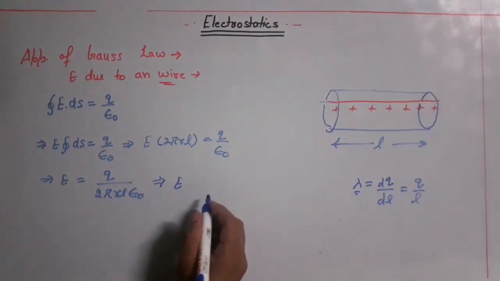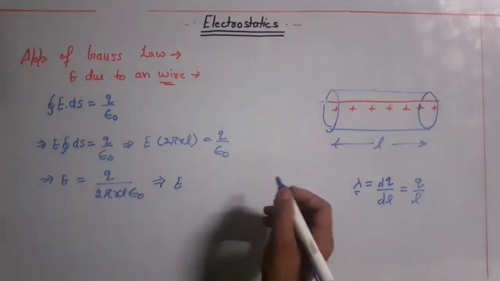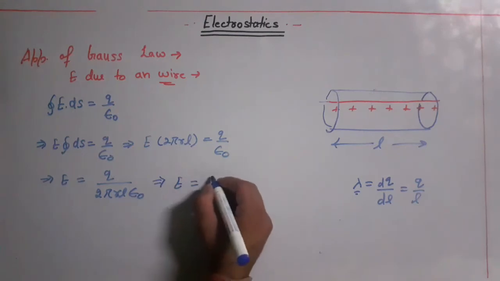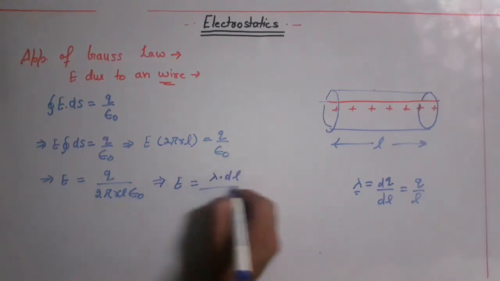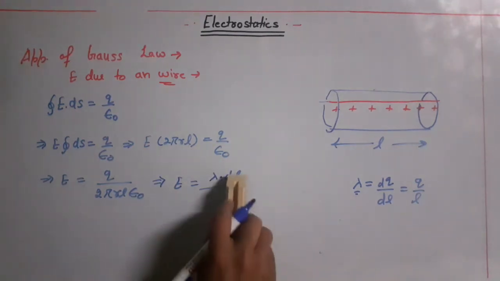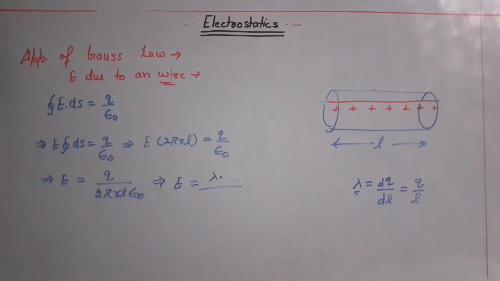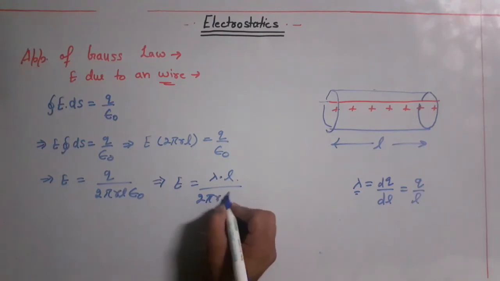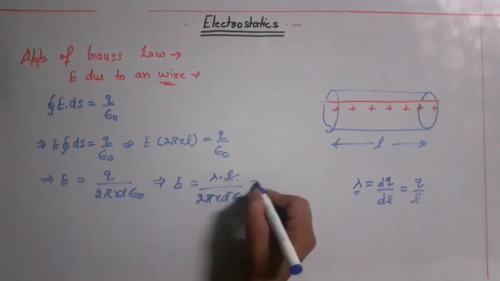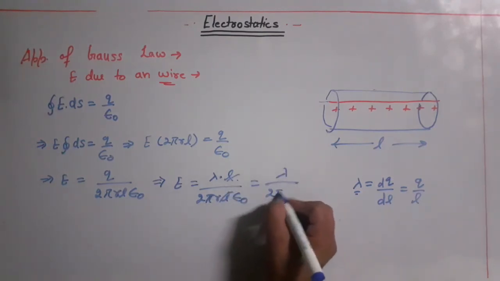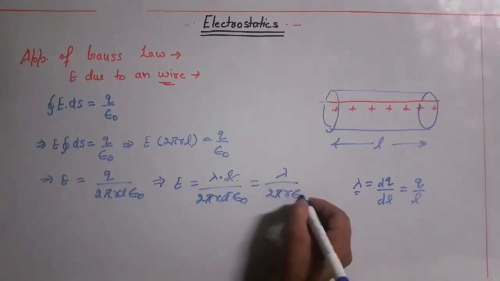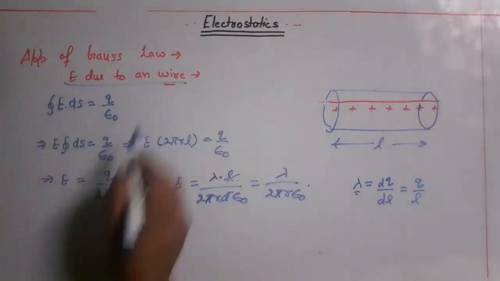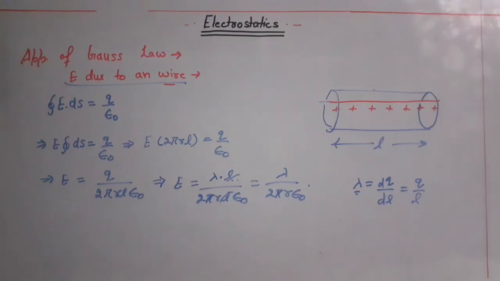So by putting the value of q into this equation, we get lambda times l divided by 2 pi r l epsilon naught, because we have taken the full length of the wire. The l will cancel out, and this becomes lambda divided by 2 pi r epsilon naught. So this is our electric field due to a wire.